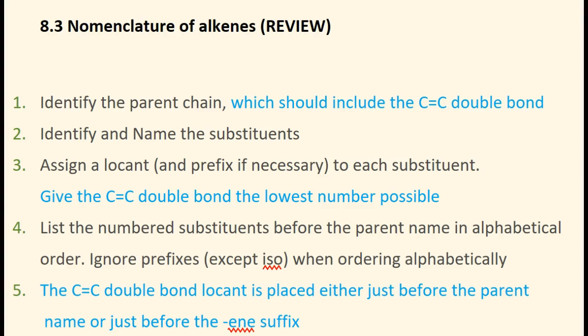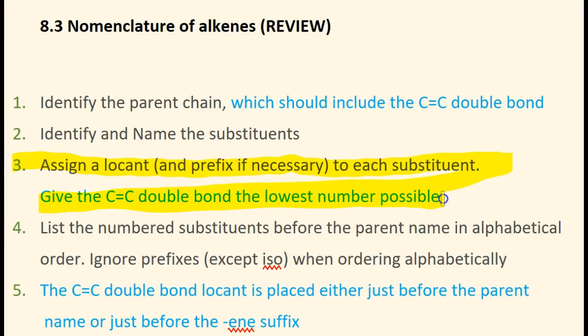The first thing you need to do is identify the parent chain. That should include the carbon-carbon double bond. Next, you're going to identify and name the substituents, just as you have in the past. Step 3 is locants and prefixes for each substituent. You want to give the CC double bond the lowest number possible, but there's a caveat here.